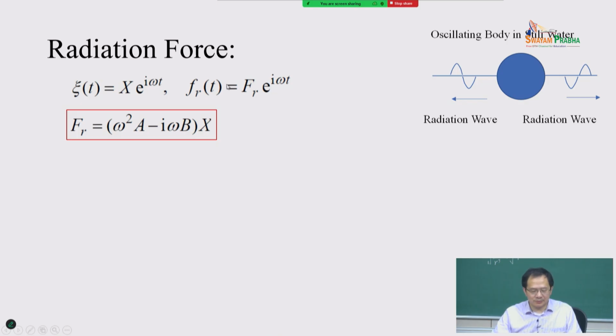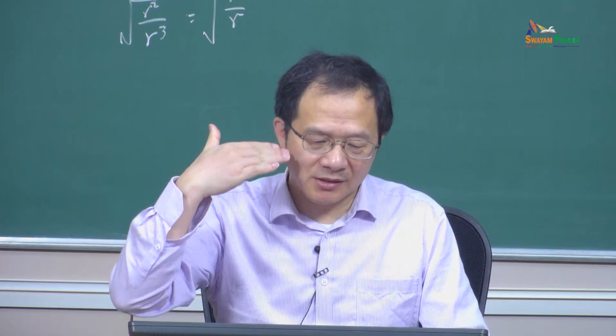Now we assume the radiation force takes the complex number times e^{jωt}. That is x, the real amplitude. This F_r is a complex number. Complex number means there are phases in the system. That means the force may not be exactly in phase with the wave motion.